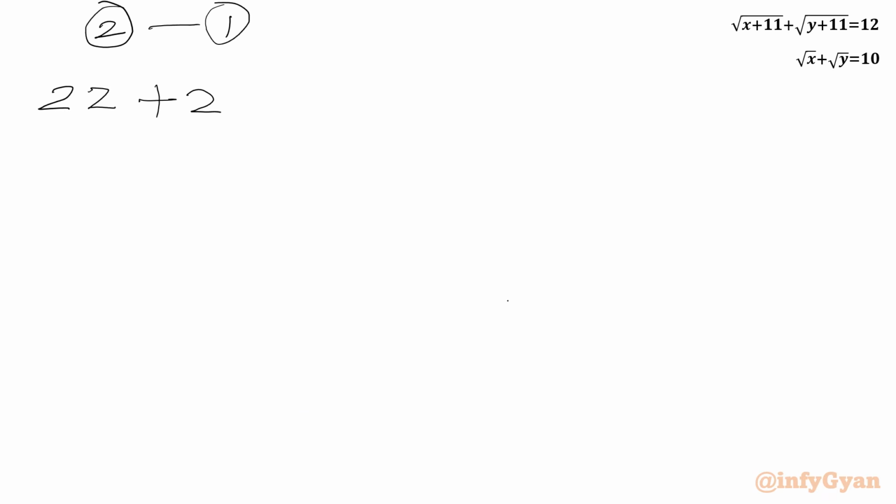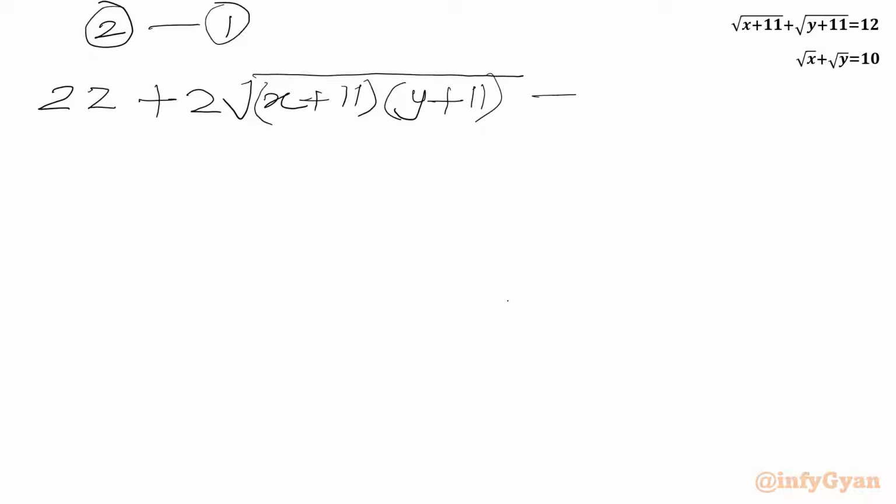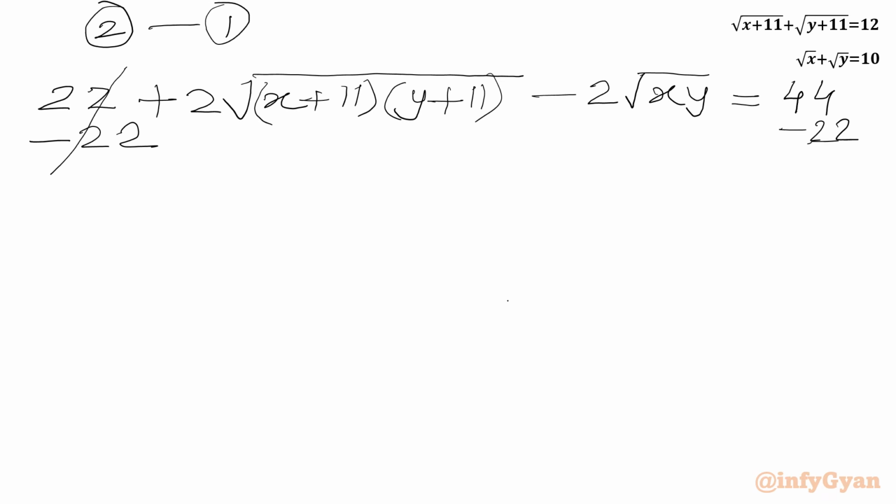We will get 22 plus 2 times √((x+11)(y+11)) minus 2 times √(xy) equal to 144 minus 100, which is 44. Now we will subtract 22 from both the sides, so plus and minus 22 will get over.